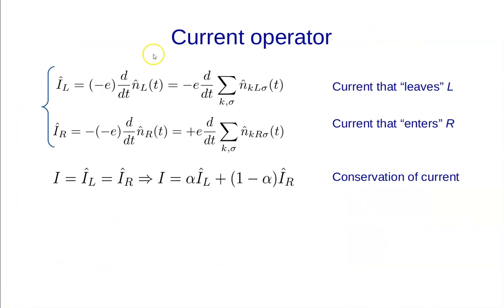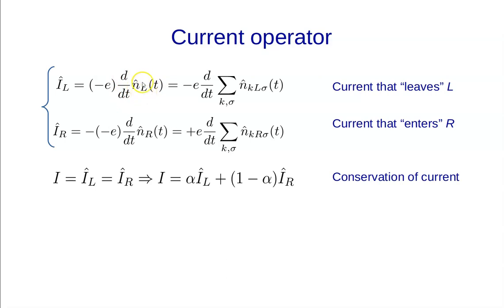Okay, so let's now define the current operator. The current operator is essentially what I mentioned before. It can be thought of as a variation of charge, say in either lead. So I'm going to define the current that leaves the left lead as the variation in charge at that lead.